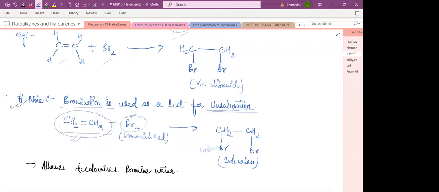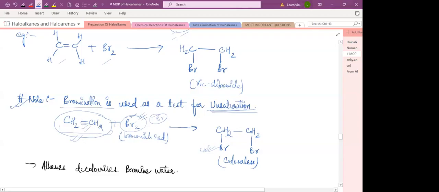So when bromine water is added to any alkene, what happens? The bromine molecules, Br2, two atoms of bromine, add across the double bond. They break this pi bond and form two new single bonds with bromine atoms.